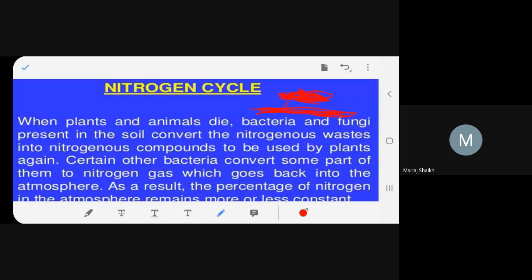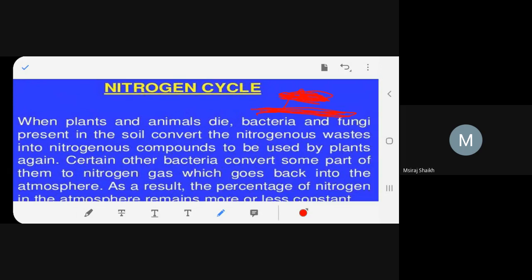And when these nutrients mix with the soil, whatever nitrogen base there was, because I'm dead, the same nitrogen nutrient will change into nitrogenous waste. If I am living, there is nitrogen nutrient, but now I'm dead, so it is a nitrogenous waste.